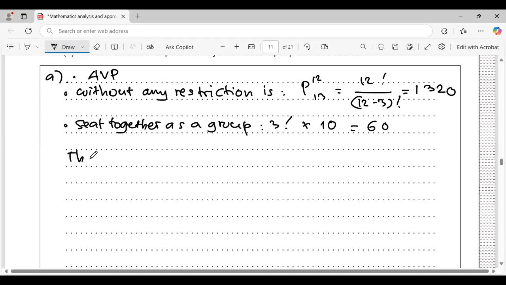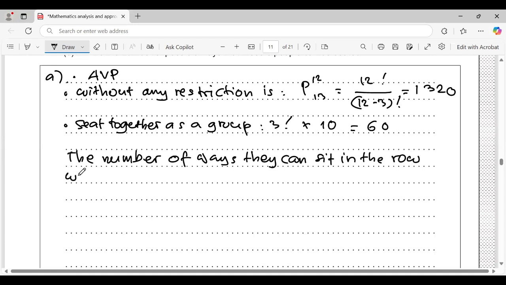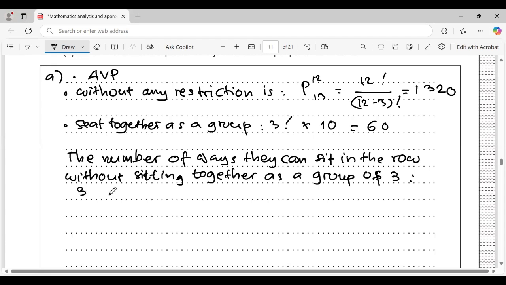So the number of ways they can sit in the row without sitting together as a group of three is 1320 minus 60, and the result is 1260 ways.